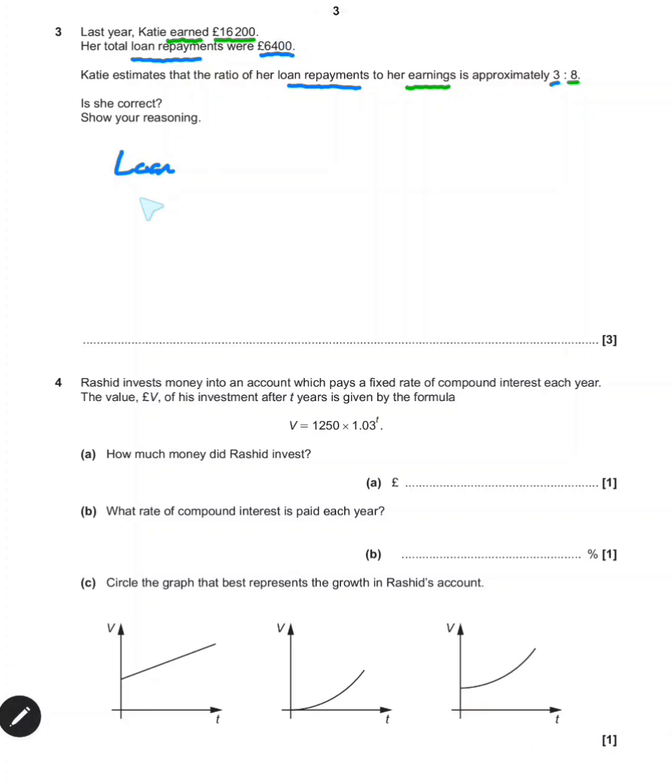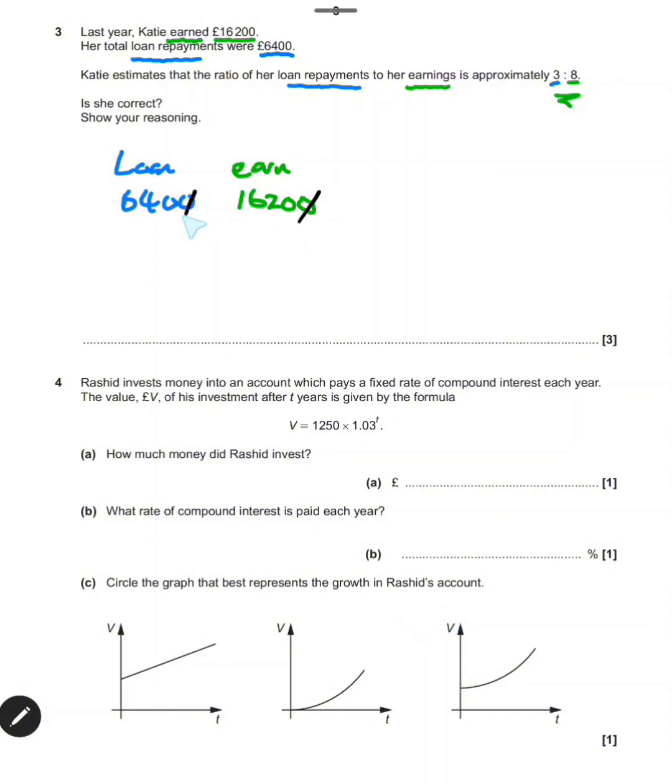So we've got loan is 6,400. Earnings is 16,200, and what we're trying to show is that this ratio simplifies to somewhere near to this. So I'm just going to start simplifying this ratio.